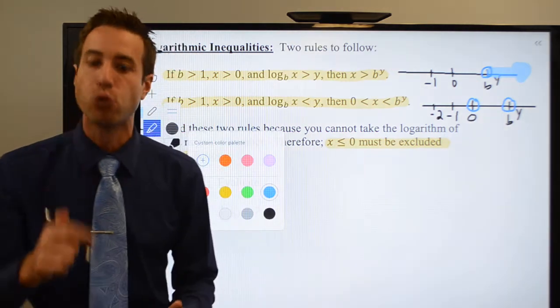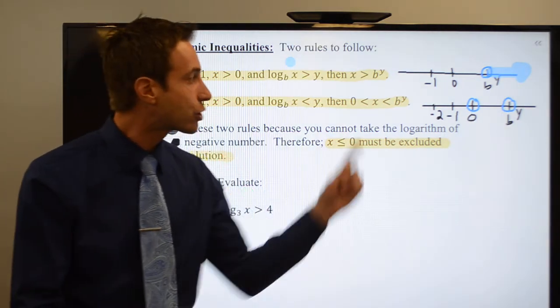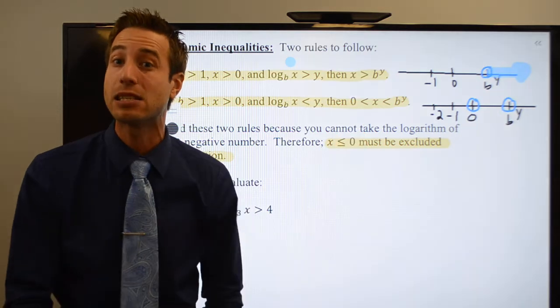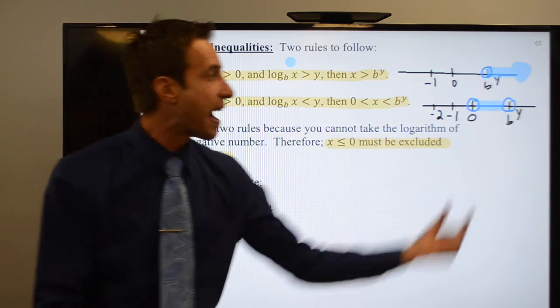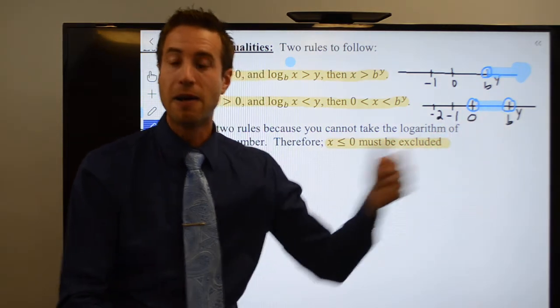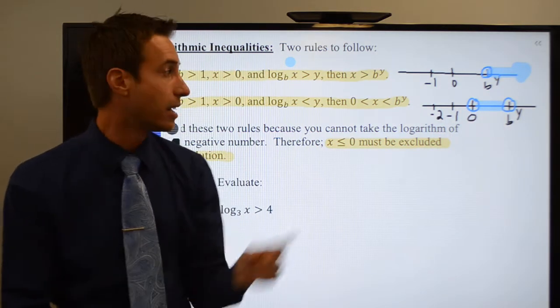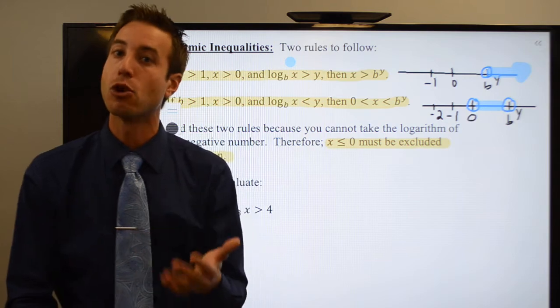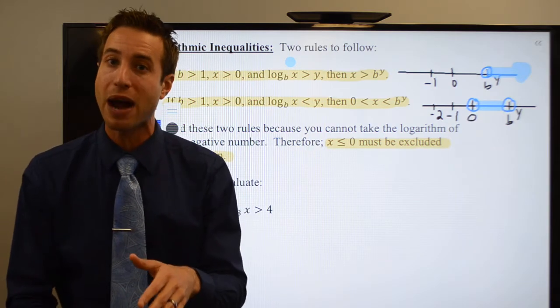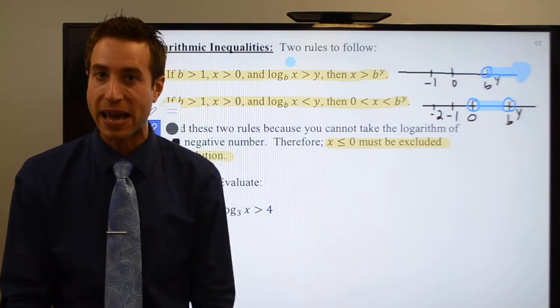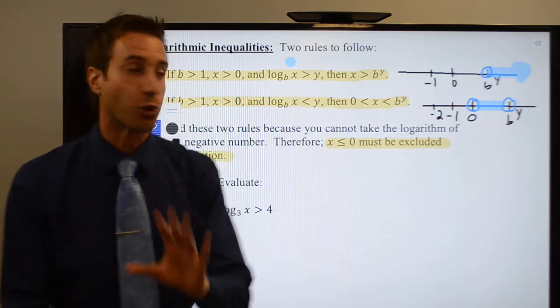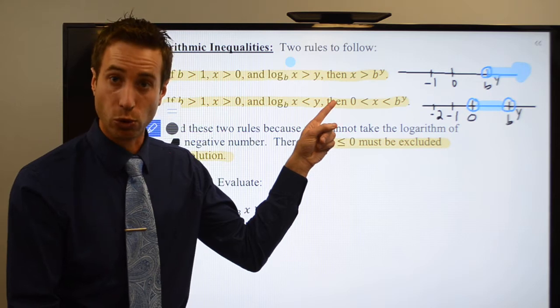And so that's why rule number 2 has this extra little bit in it, that x needs to be greater than 0, so that you only take the values right here that are part of the domain of the logarithm. And remember, the domain is restricted because if you were to graph it, there's a vertical asymptote that restricts the domain of the logarithm. So that's why there are two separate rules.